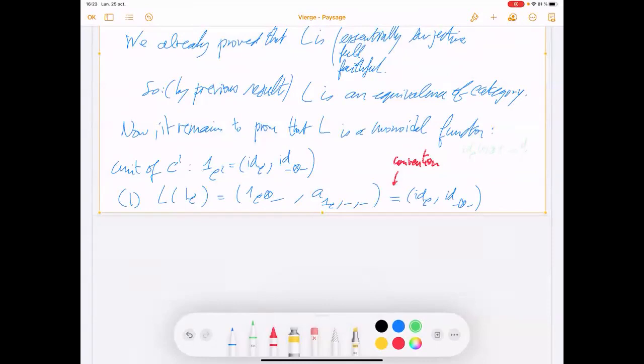IDC, X tensor Y. Maybe to make our, yeah.